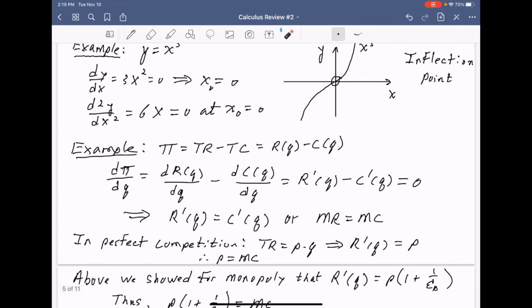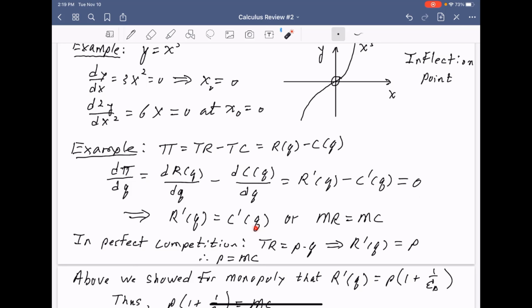As another example, consider that profit is total revenue minus total cost. We write that as R(Q) minus C(Q). Take the first derivative of pi with respect to Q, and we get the first derivative of R with respect to Q minus the first derivative of C with respect to Q, R prime(Q) minus C prime(Q) equals 0.